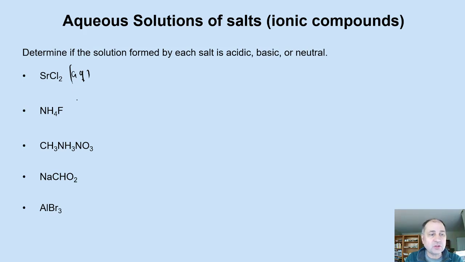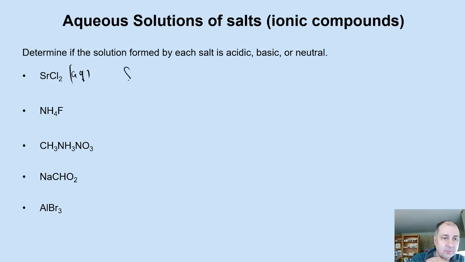And so we have two sources of either an acid or a base. And so the cation can be a conjugate acid and act as an acid and make a solution acidic, and the anion can be a conjugate base and make a solution basic. And so we need to consider the source. Well, obviously the source is strontium chloride, but would strontium be the conjugate acid of what, right?